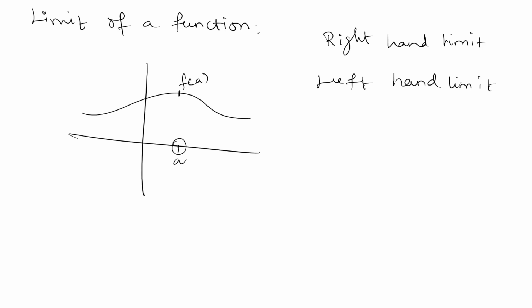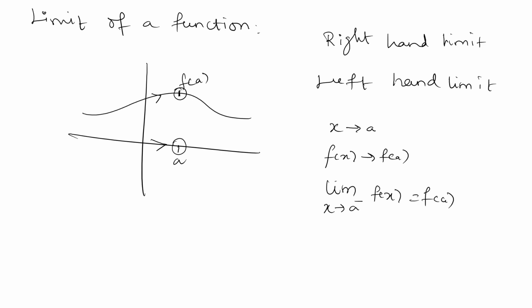So on the left side of A, you slowly increase the value of x and approach the value A. Then correspondingly, the function slowly increases and approaches f of A. So when x approaches A, f of x approaches f of A. Then we can say that the left limit of f of x is f of A. That is, limit x tends to A minus of f of x is equal to f of A. This A minus represents left side values of A.